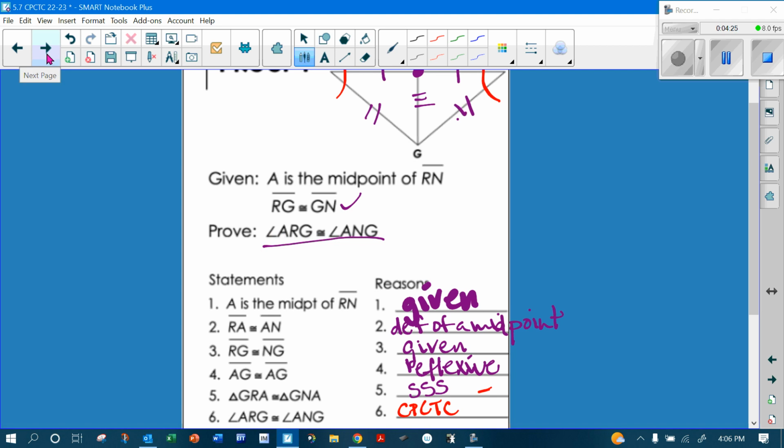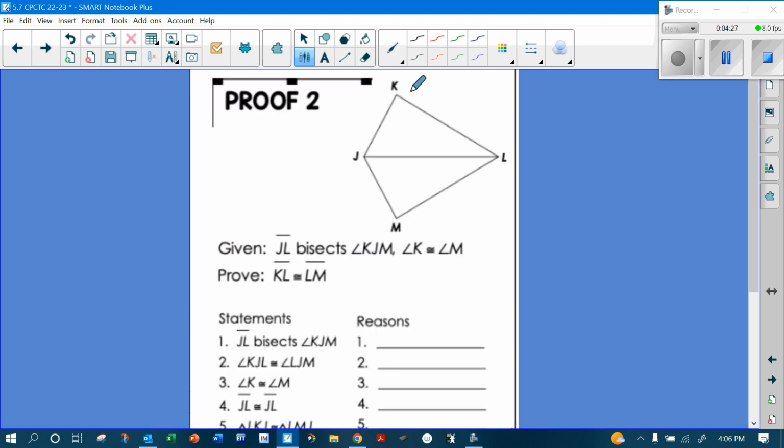All right, let's take a look at another one. Proof number 2. JL, this segment right here, is bisecting angle KJM. So that means that this angle is equal to this angle because it is an angle bisector. So this is given. Angle K is congruent to angle M. That's also given.